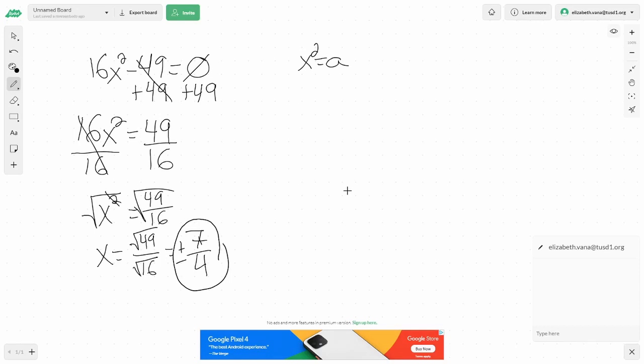What if we kick it up another notch here? What if we had x minus 5 squared equals 16? Well, in this case, I'm actually going to take the square root of the whole thing.